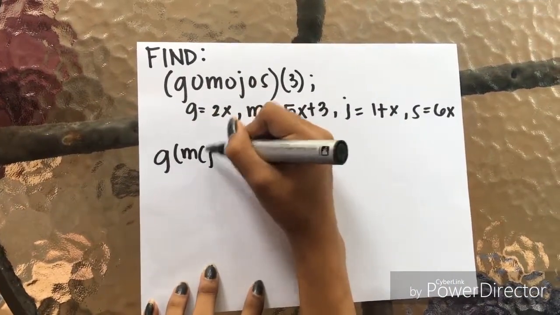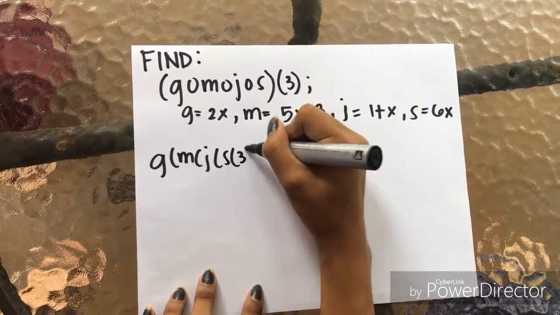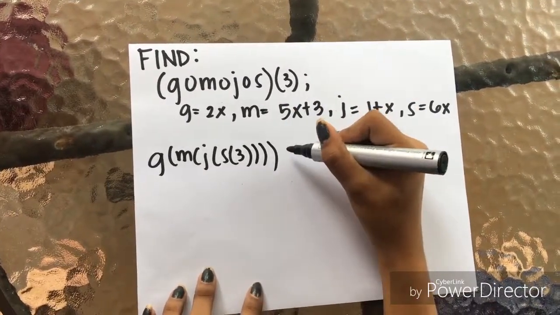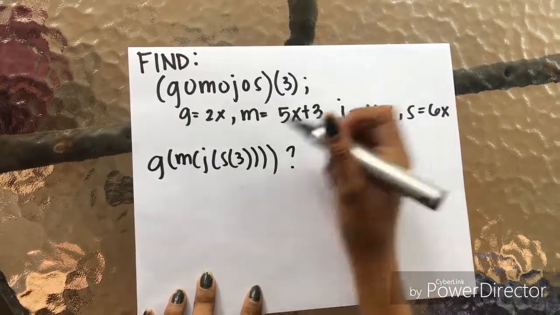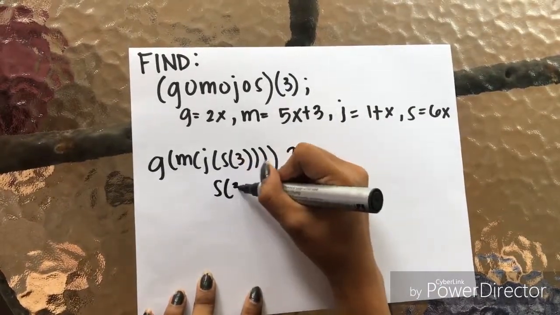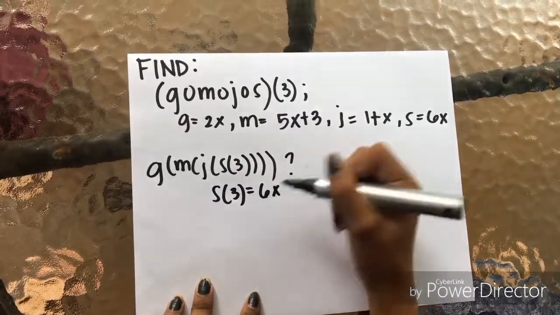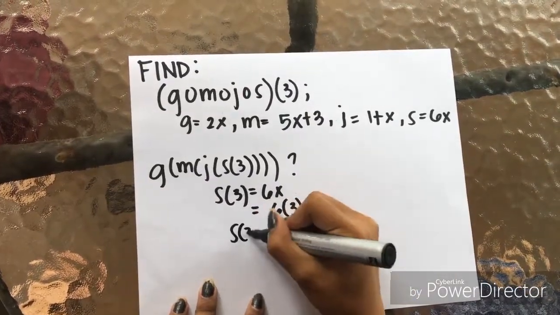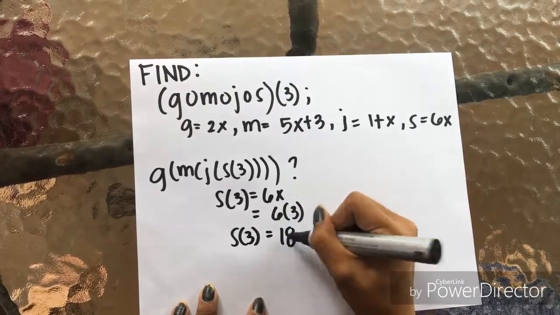G of M of J of S of 3. We first need to solve S of 3 since it is in the inner part. S of 3 is equal to 6x, 6 times 3. So S of 3 is equal to 18.